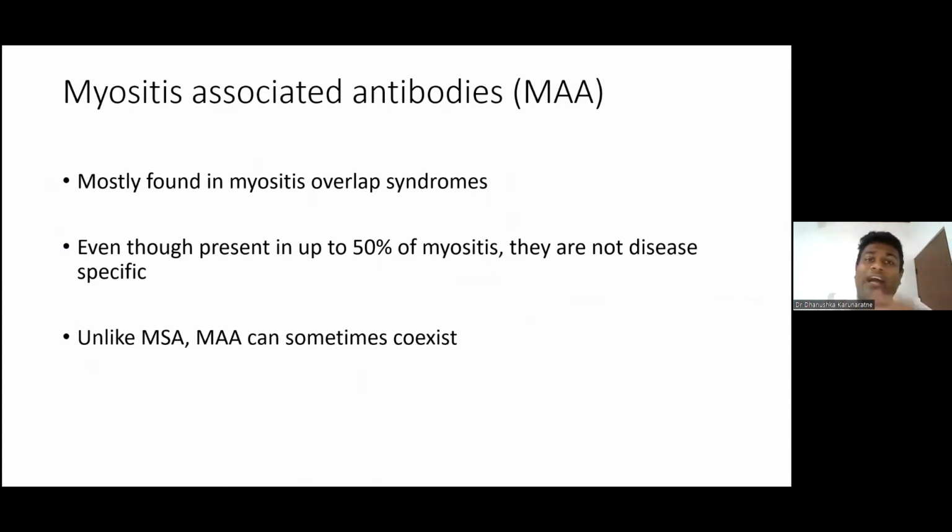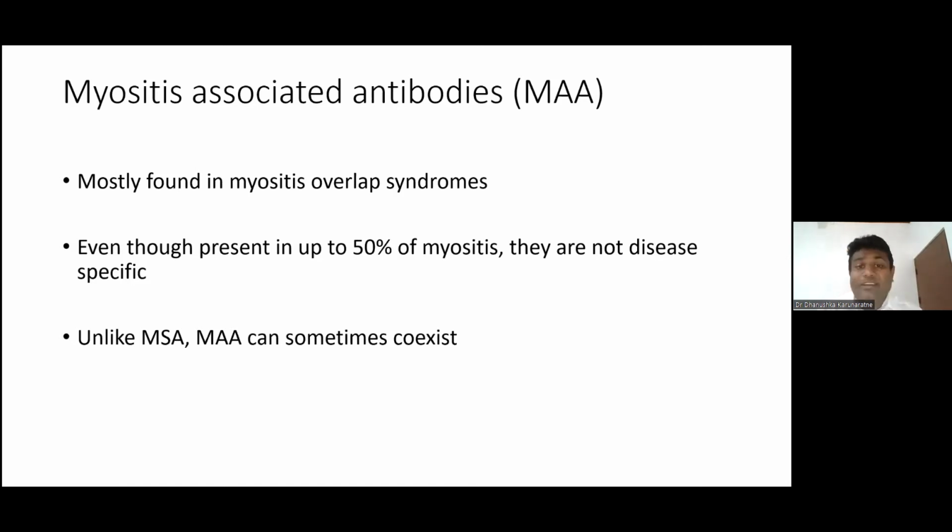Talking about the other subset of the myositis antibody is the myositis-associated antibody, or MAA antibodies. They're mostly found in overlap syndromes where myositis is just a single feature which is overlapping with other features of autoimmune connective tissue disorders, such as scleroderma or lupus. Even though they're present in up to 50%, they're not disease specific, unlike myositis-specific antibodies.